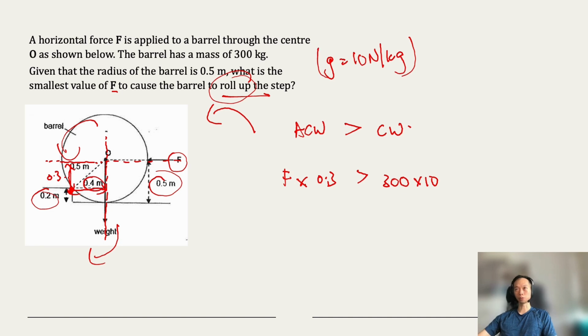This is assumed knowledge. So this is the weight, and then you have to multiply by the appropriate distance, which is 0.4. So if you go ahead and solve this, you will get F has to be greater than 4,000 newtons. Okay, so 4,000 is the minimum amount. Okay, let's go to the next example.